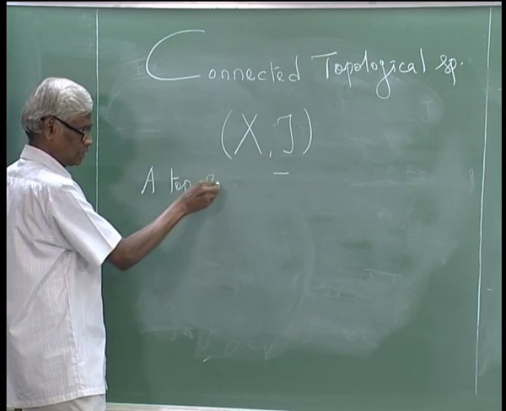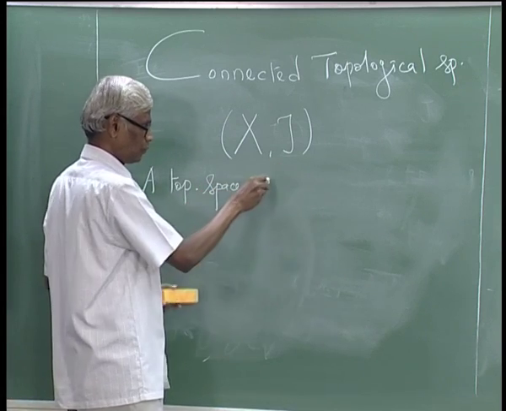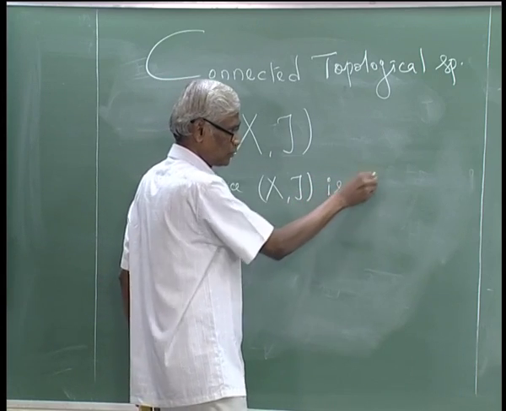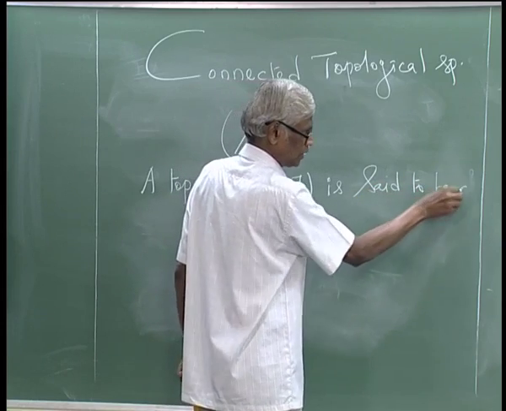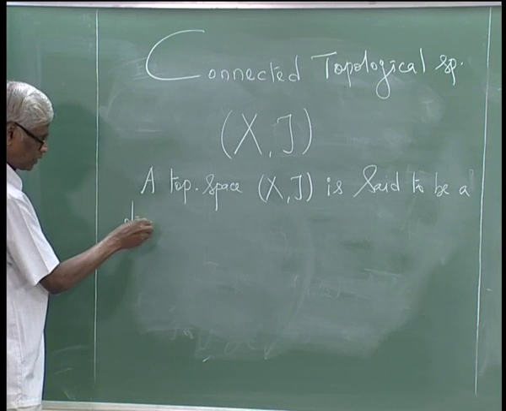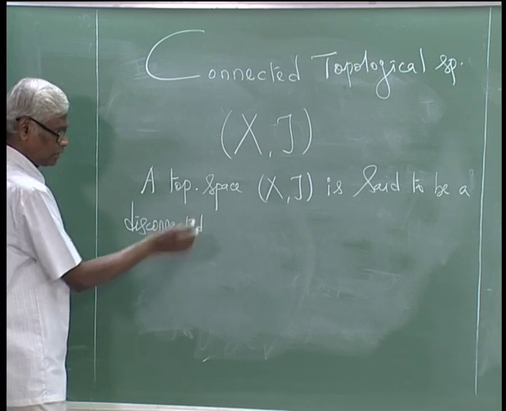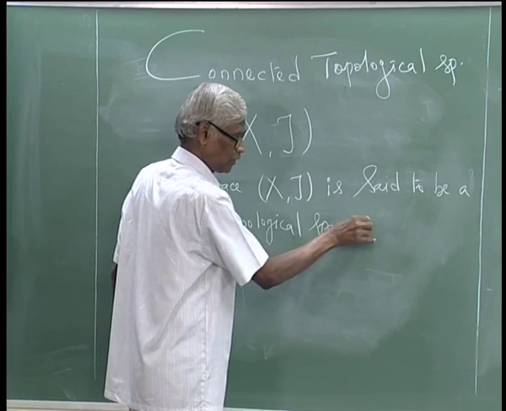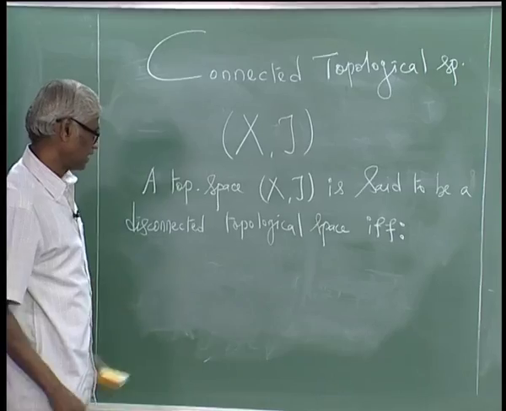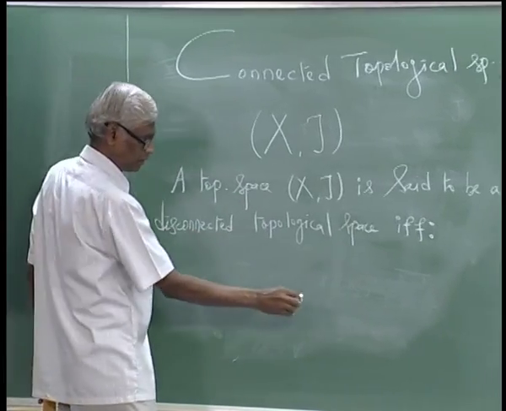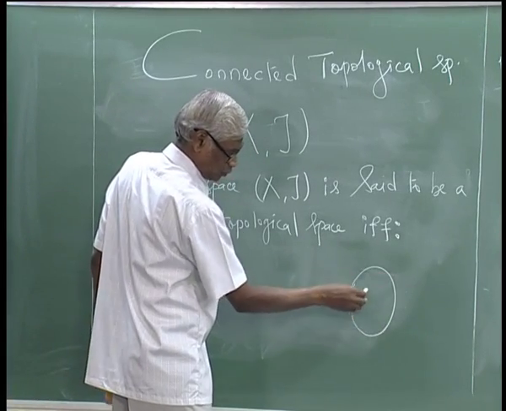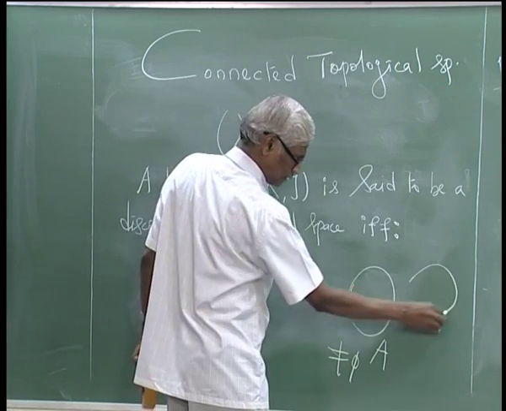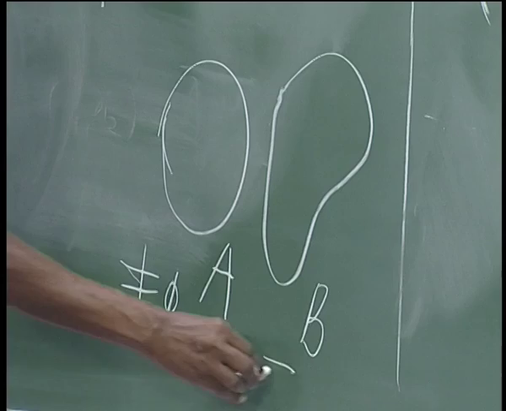This we write: a topological space (X, tau) is said to be a disconnected topological space if and only if this set can be written as the union of two open sets, A, which is non-empty, and another open set, say capital B, which is also non-empty.